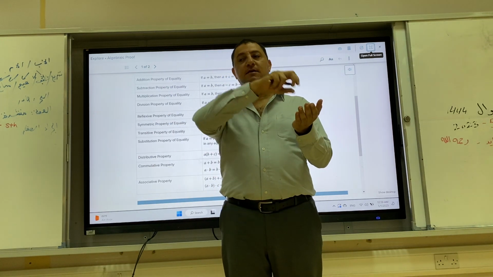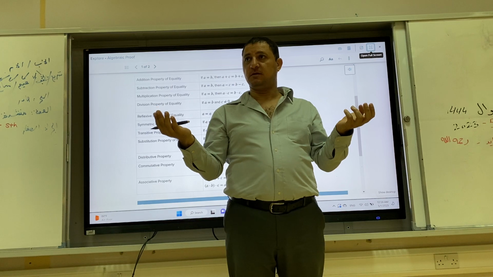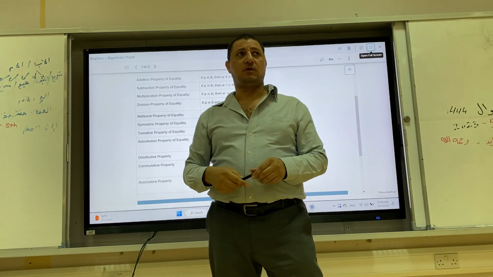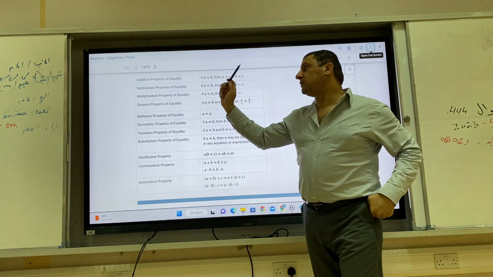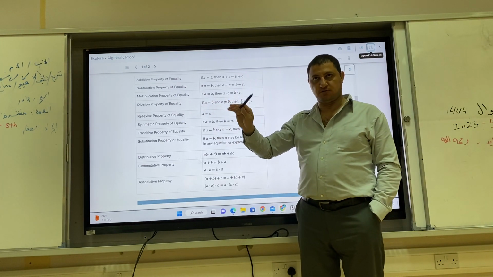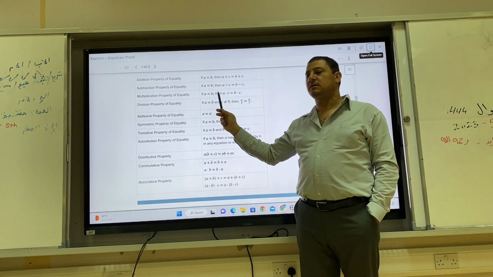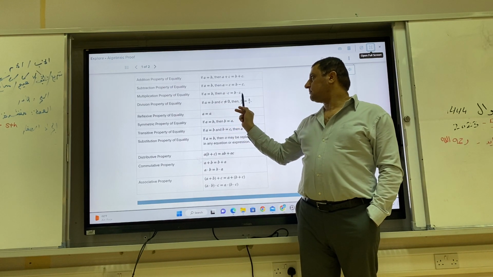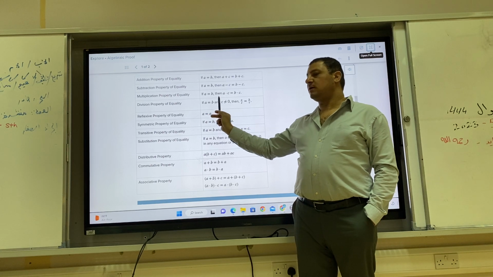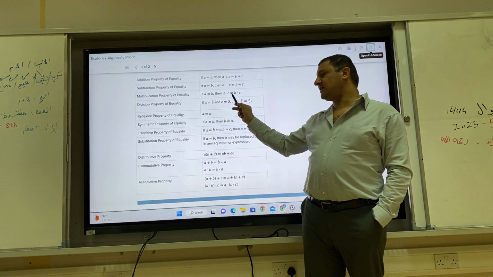If you are adding the same number of apples here and there, then it's the addition property of equality. It works also for multiplication and for division, but we don't divide by 0, by the way. Multiplication property of equality: when I multiply the same value to two equal parts, if A equals B, then AC equals BC.